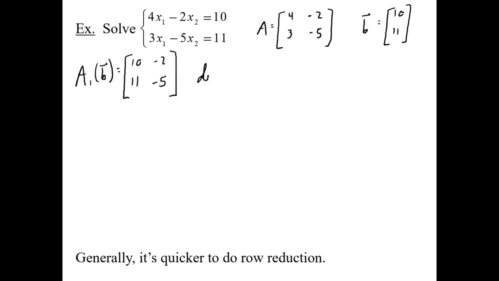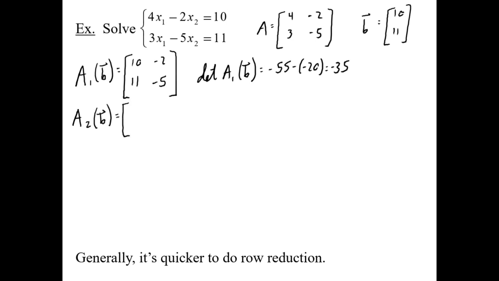So if I find the determinant of A sub 1 of b, that would be -55 minus -20, which is -35.